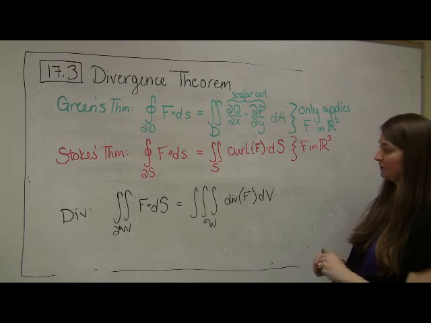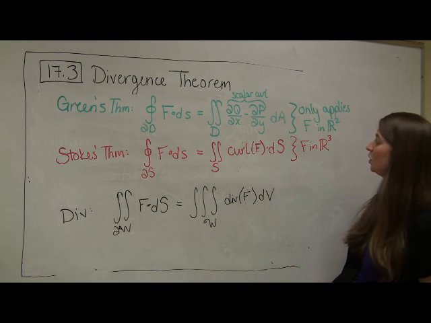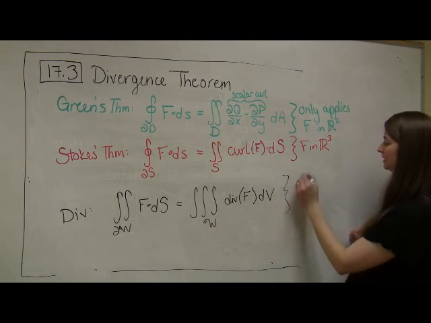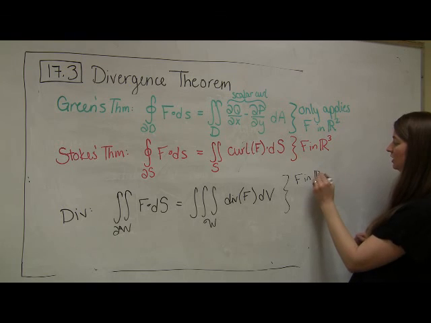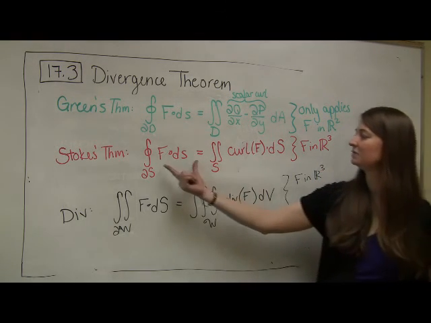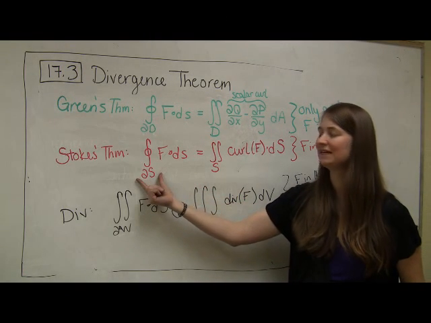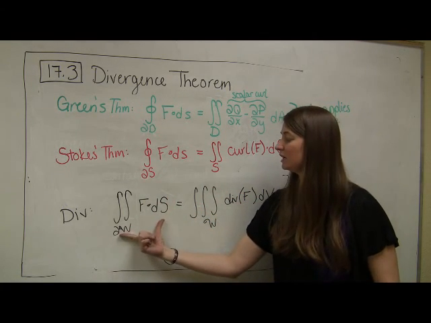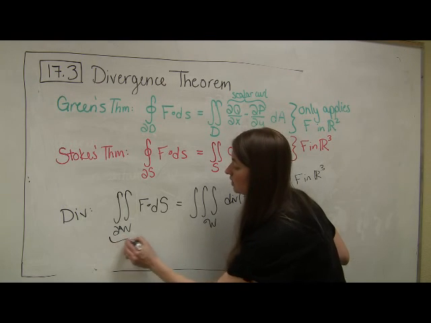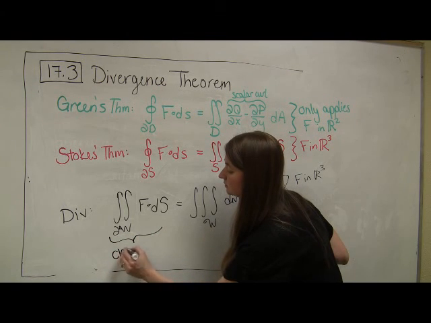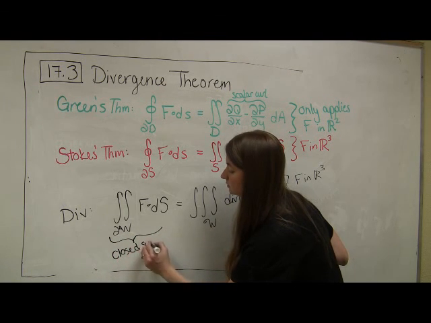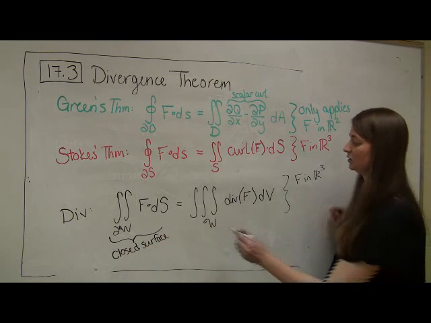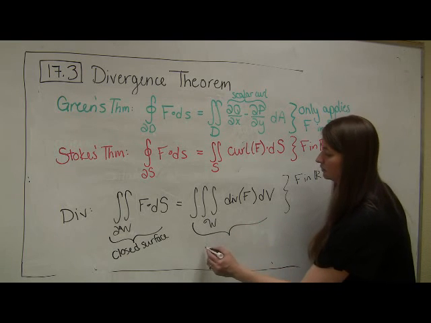And then finally, with this divergence theorem, we've gone up a whole other dimension. Our F function is still typically in R3. But instead of being interested in computing something along a linear boundary, because these are all line integrals, now we're looking at the double integral over a closed surface being equal to the triple integral over the volume of that surface.